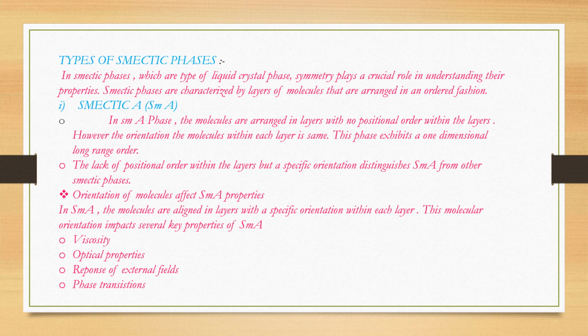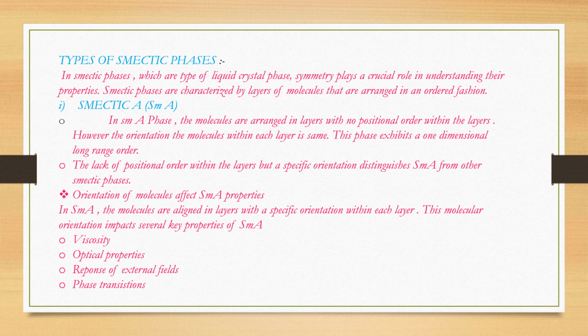In the smectic A phase, the molecules are arranged in layers with no positional order within the layers. However, the orientation of the molecules within each layer is the same. This phase exhibits a one-dimensional long-range order. The orientation of molecules affects smectic A properties.